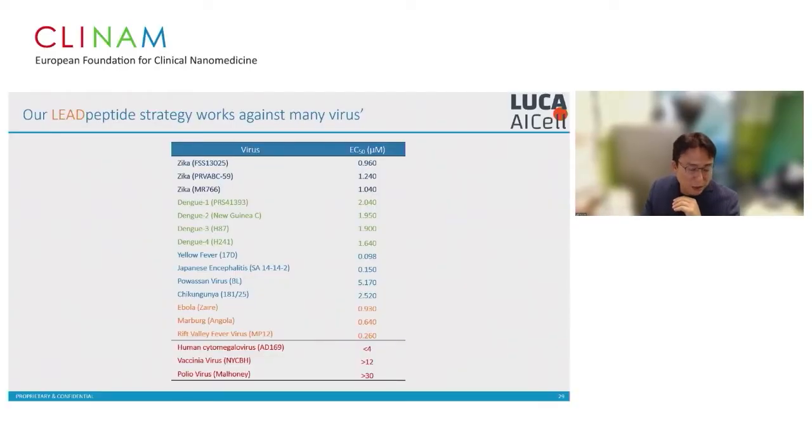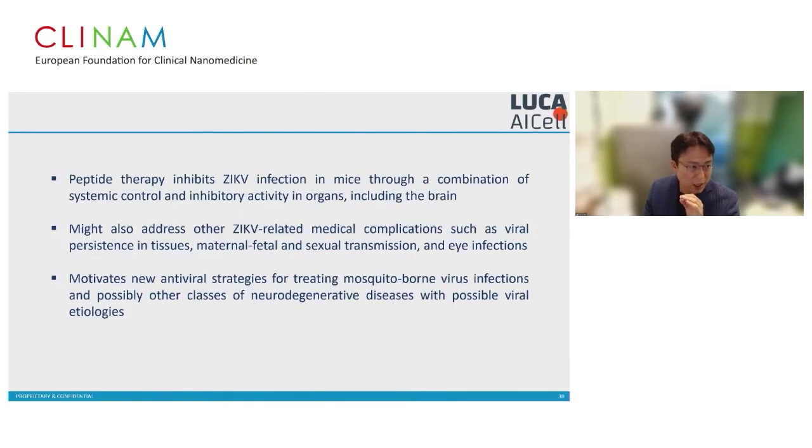We're developing CMC right now, heading to pre-IND, for this peptide therapy that can inhibit Zika infection. We're working with COVID-19 right now. This might also address other Zika-related medical complications, including viral persistence in tissue, and it motivates a new antiviral strategy for treating mosquito-borne viral infections and potential future pandemics.